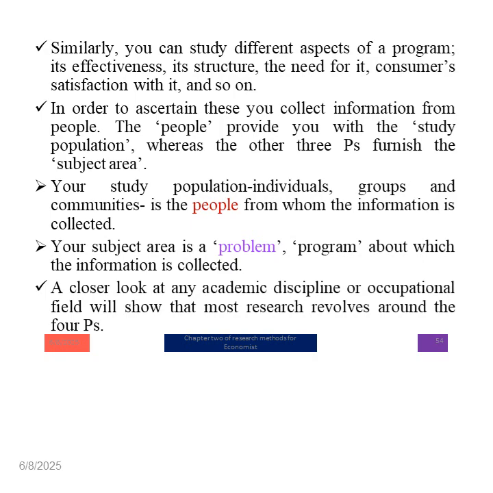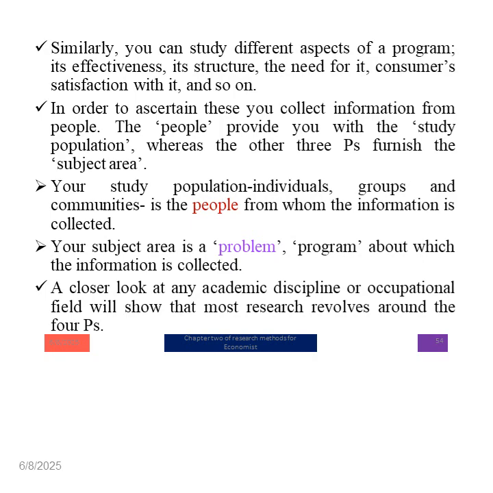The people provide you with the study population, whereas the other 3 P's furnish the subject areas. Your study population, individuals, groups, communities, is the people from whom the information is collected. Your subject area is a problem, the program about which the information is collected.